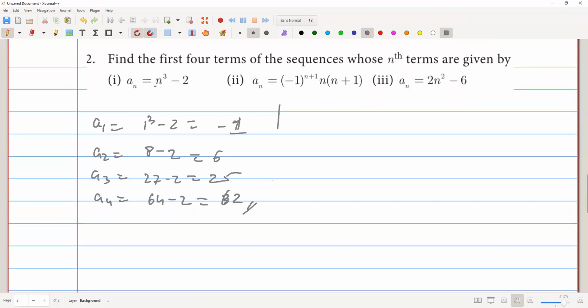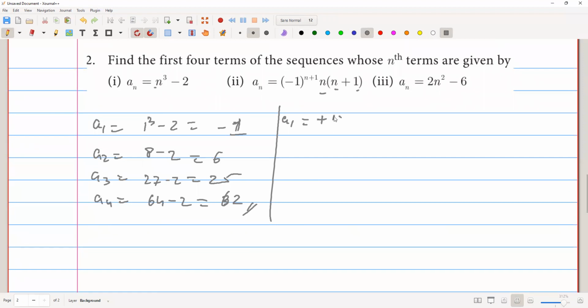Okay, then what about this one? A1 is minus 1 to the power... it would be plus. 1 into 1 plus 1, 1 into 1 into 2, so 2.